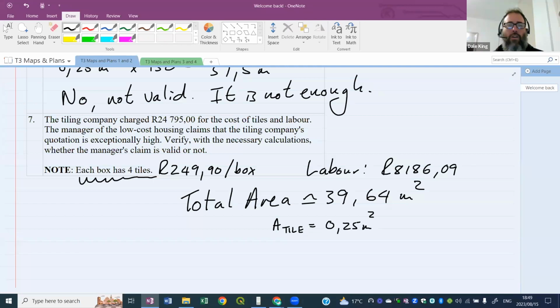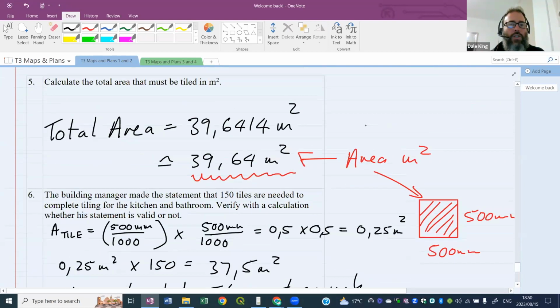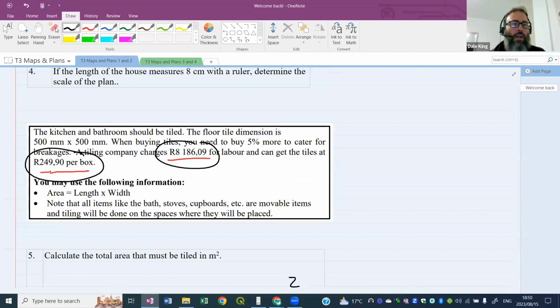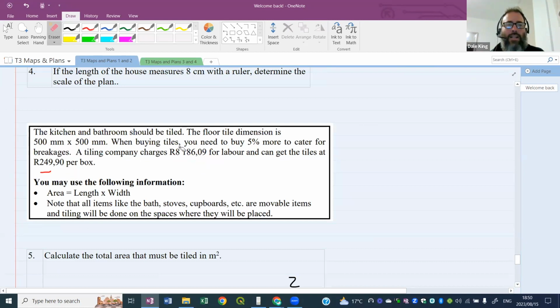We still need to know how many tiles we need for this job. You can't get away from that. You cannot get away from the fact you need to know how many tiles you're going to need for this job. And I left out information. Look here in the question. It says, when buying tiles, you need to buy 5% more. Don't forget that.